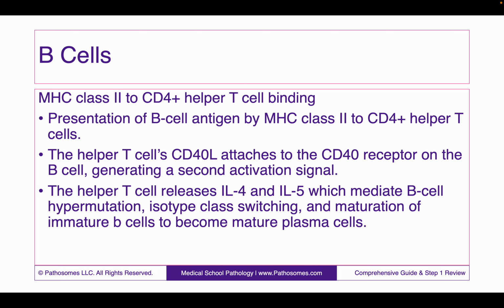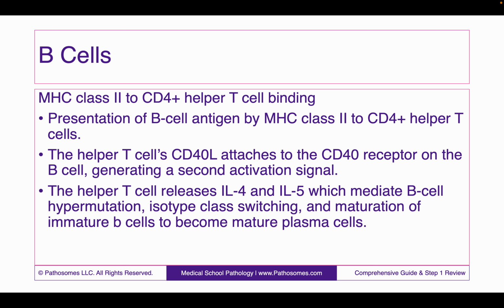MHC class 2 to CD4 positive helper T cell binding. Let's talk about that for a bit. Presentation of B cell antigen by MHC class 2 to CD4 positive helper T cells. The helper T cell CD40 ligand attaches to the CD40 receptor on the B cell, generating a second activation signal.